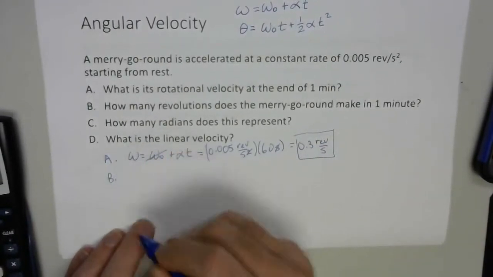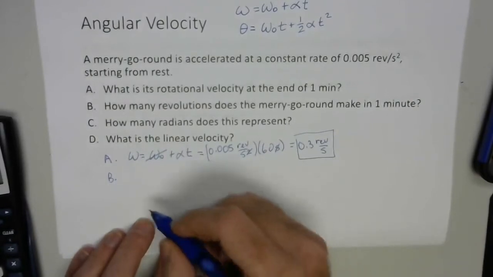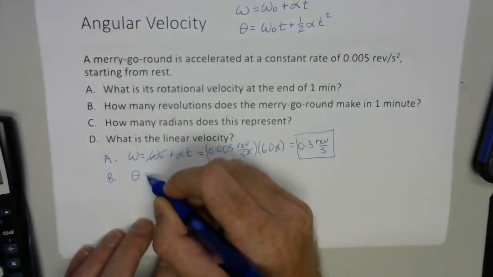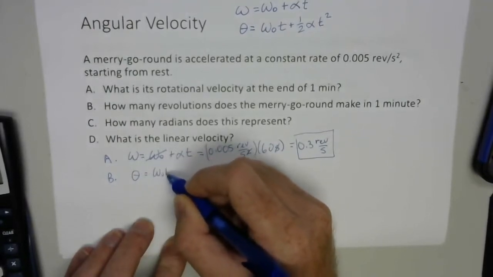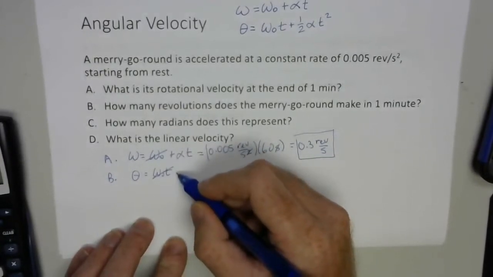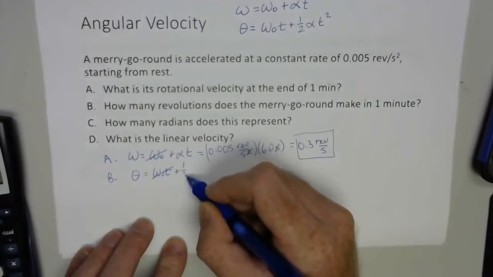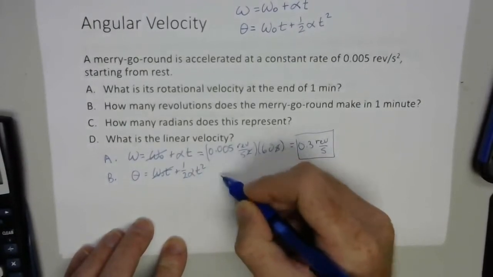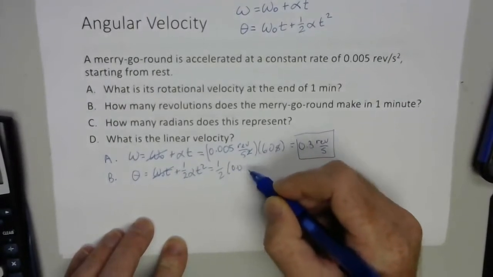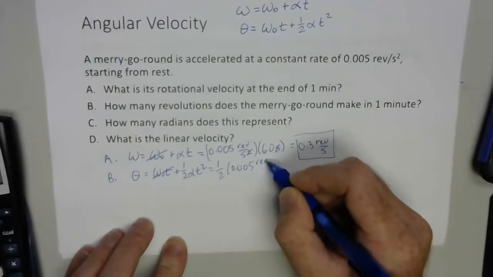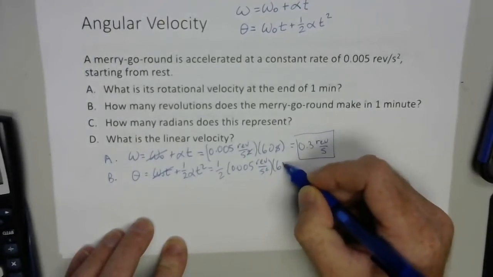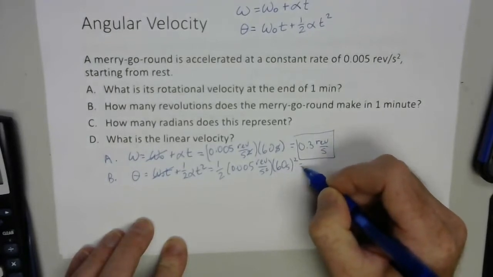Part B says how many revolutions does it make? So then we need the other equation, the theta equation: omega 0 times t, which is going to cancel again because the initial velocity is 0, plus 1/2 the acceleration times the time squared, which would be 60 seconds squared.